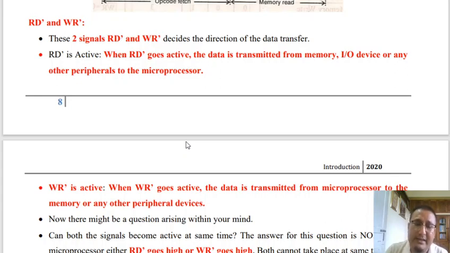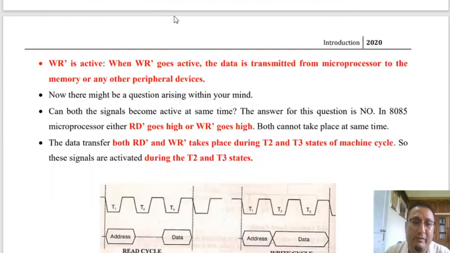Likewise, whenever write is activated, data is transmitted from the microprocessor to memory or any of the peripheral devices. This is a very important thing that you need to remember. Read and write signals decide the direction of the data transfer.